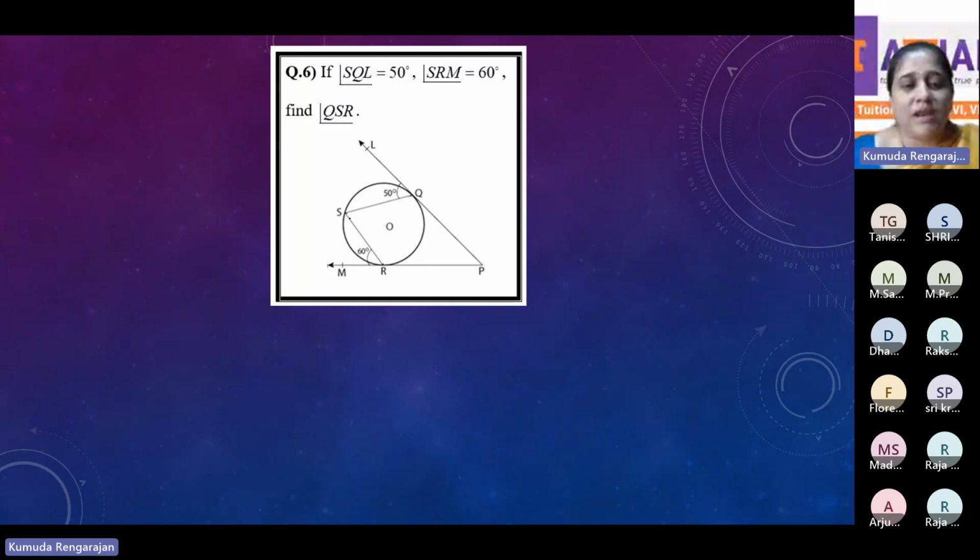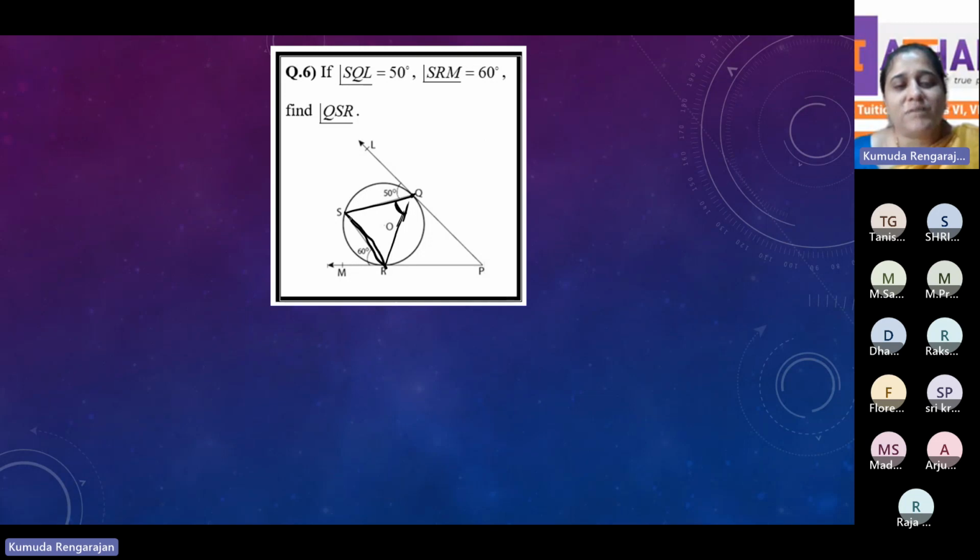We are talking about the chord SR. There's a point Q here in the alternate segment. Join the ends of the chord, SQ and RQ. The chord SR subtends an angle at this point in the alternate segment. Now this angle is equal to this angle.